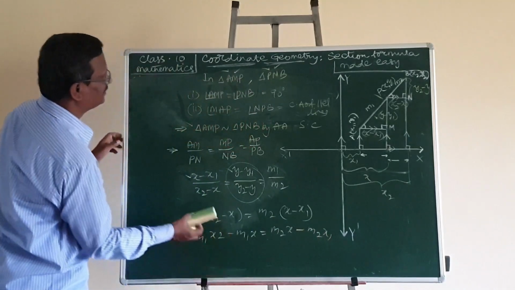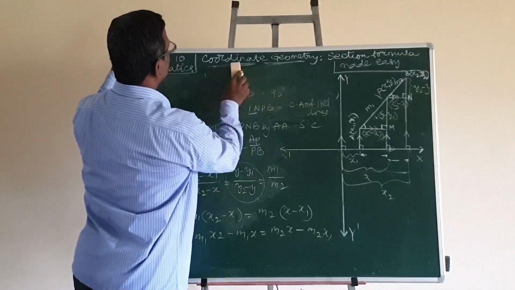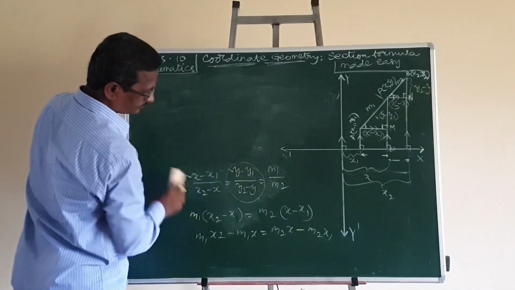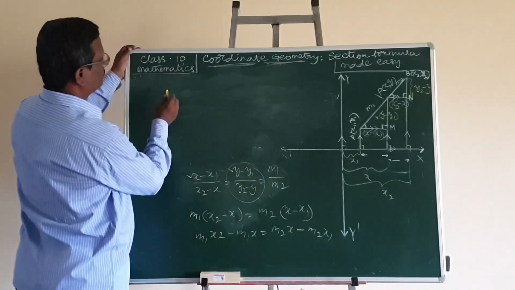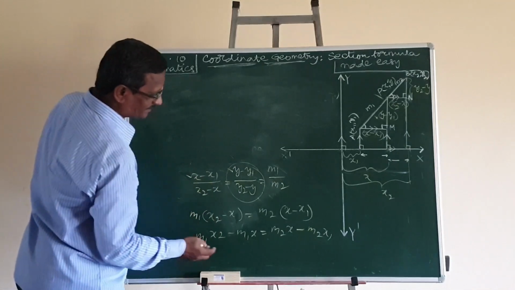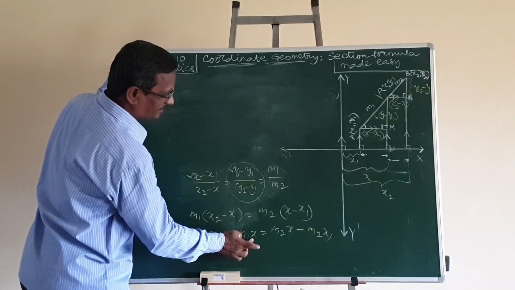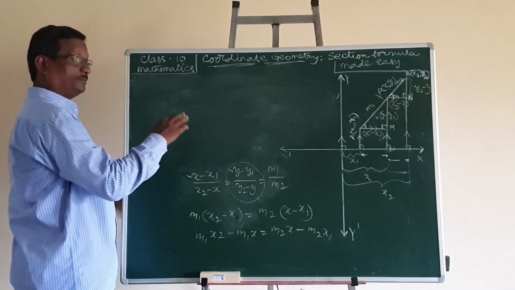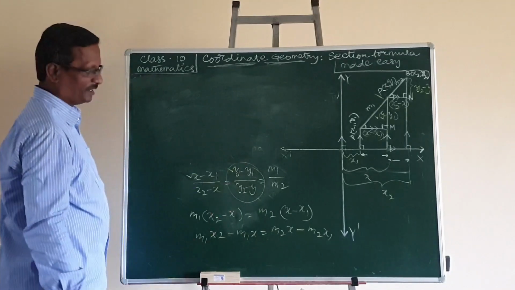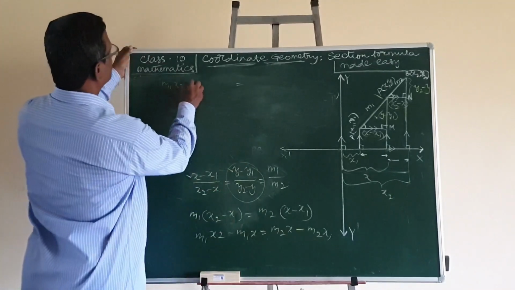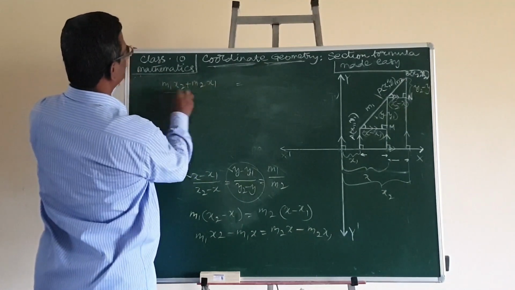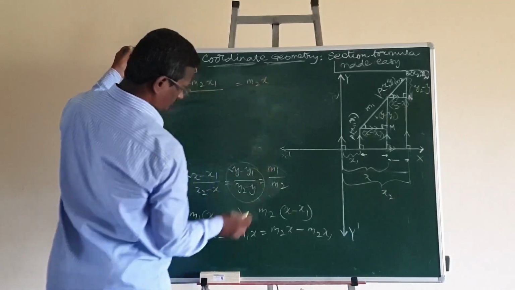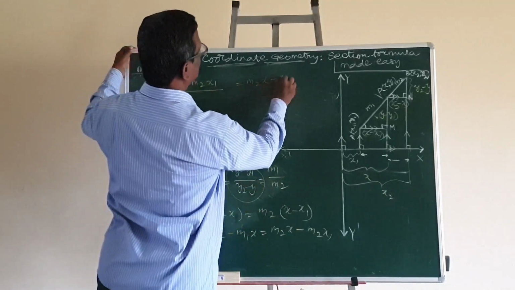Now I will erase this. To find the value of x, the terms in which x is there are shifted to one side, and the terms where x is not there are shifted to the other side. Here m1x2 plus m2x1 is equal to m2x plus m1x.